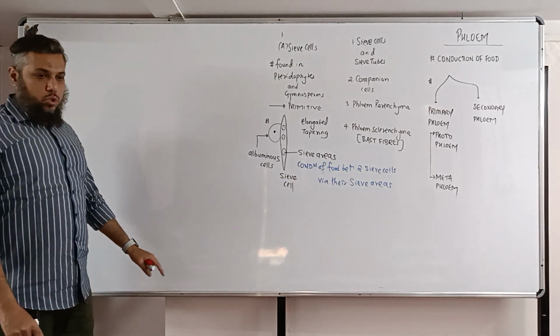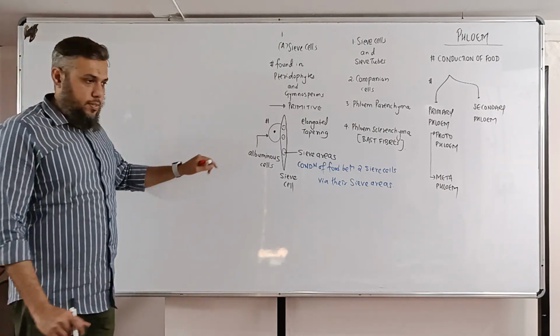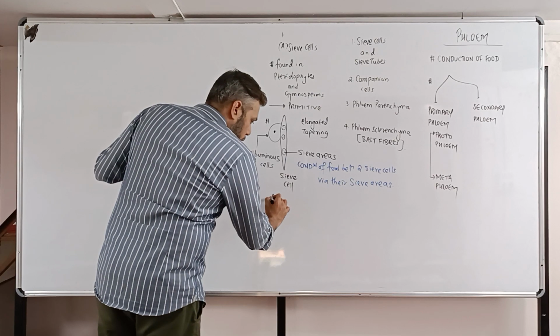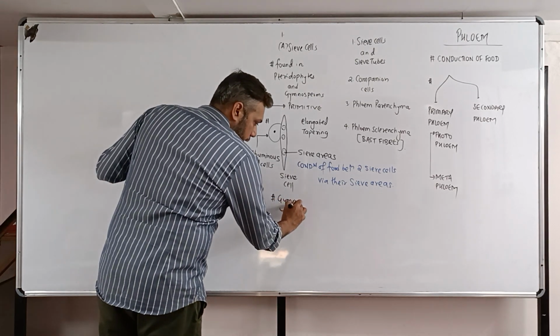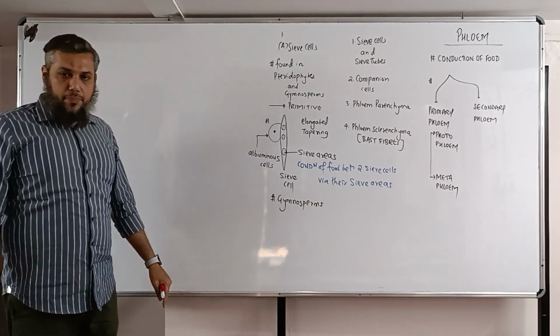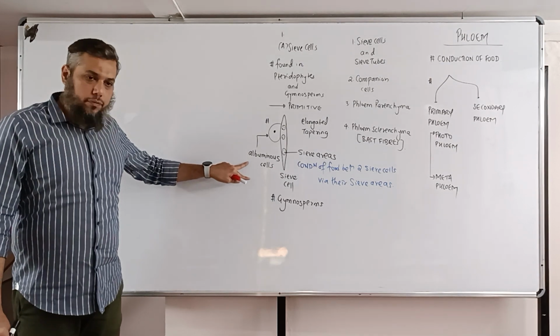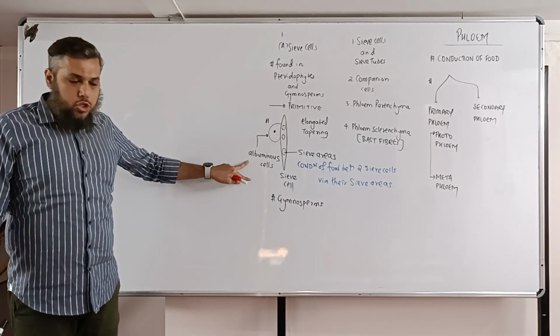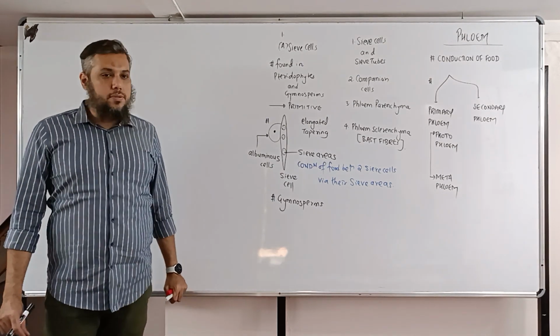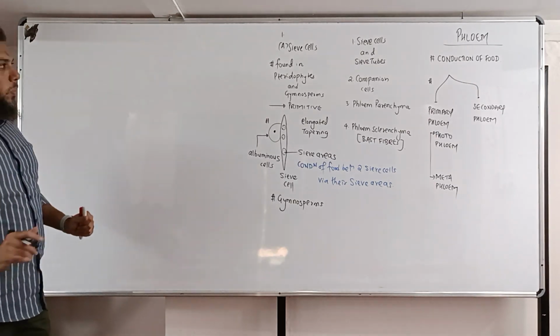It is closely associated with cells called albuminous cells. This is found in both pteridophytes as well as gymnosperms. NCERT mentions the line that in gymnosperms they show the presence of albuminous cells associated with the sieve cells. Are we clear with the sieve cells, everybody?